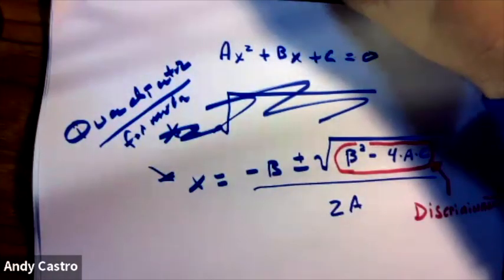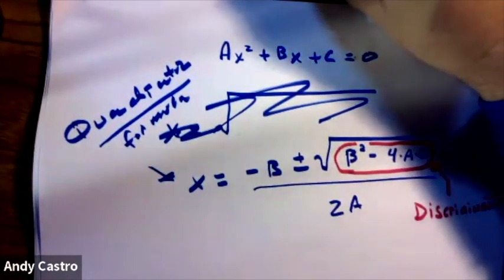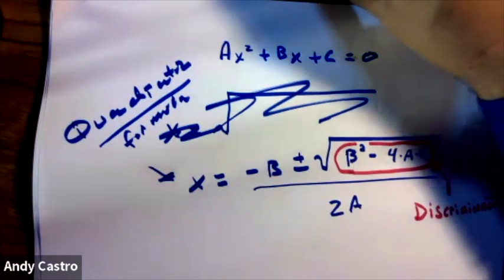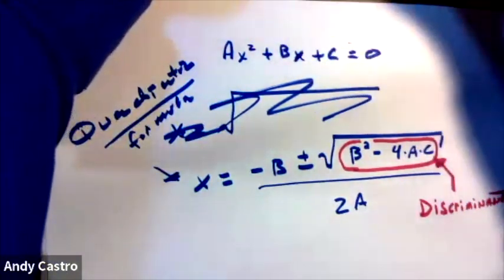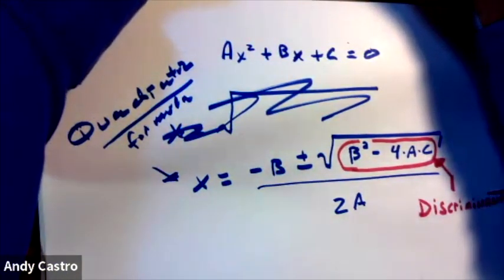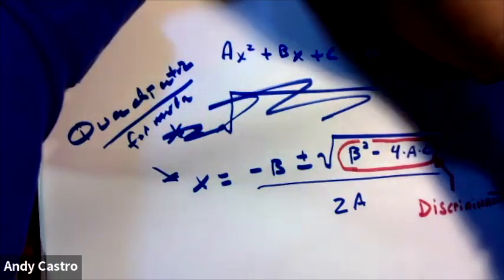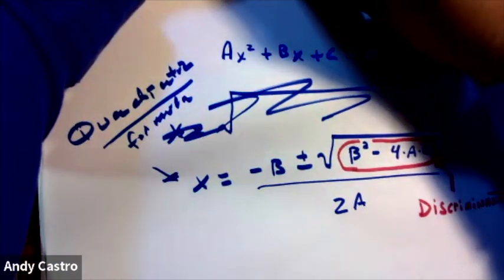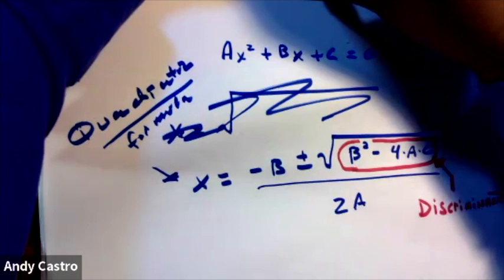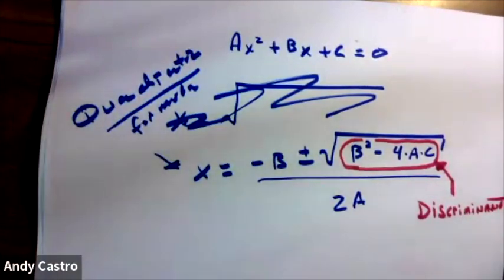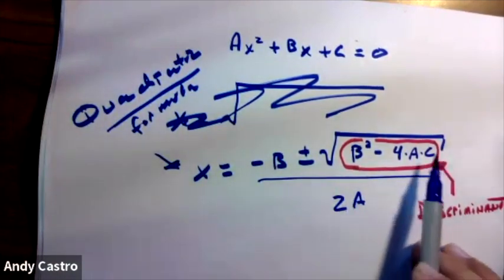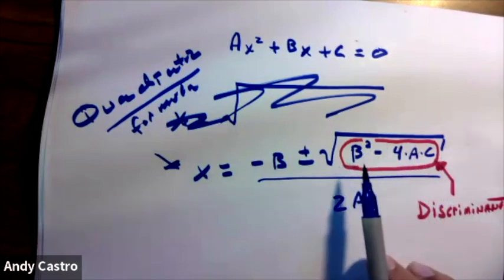Let me pull up some examples here. All right. So there's different ways in which this number here can emerge.